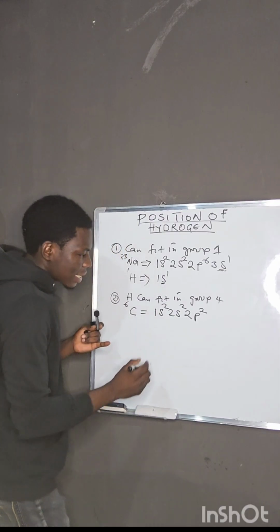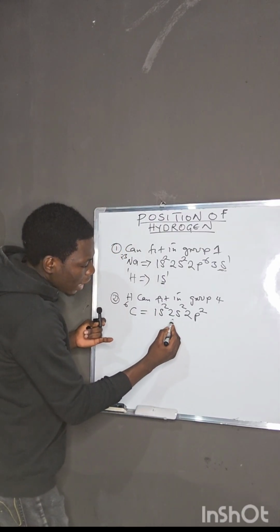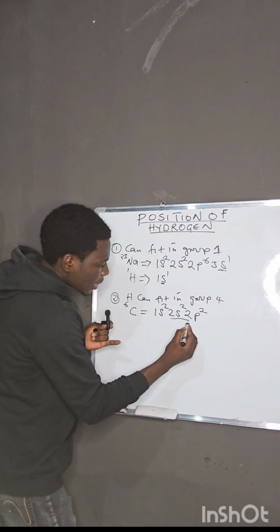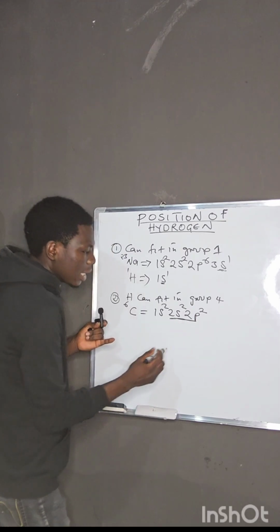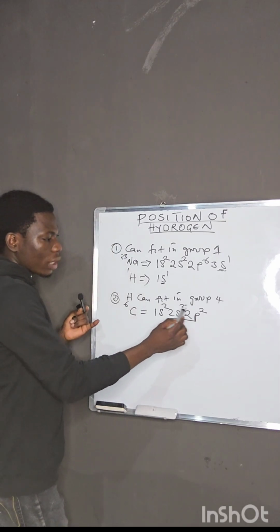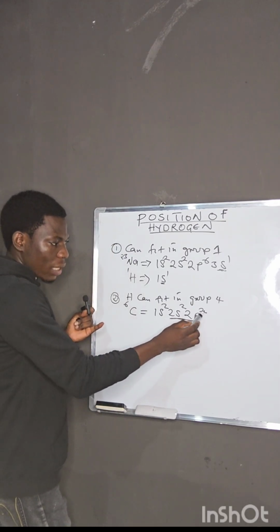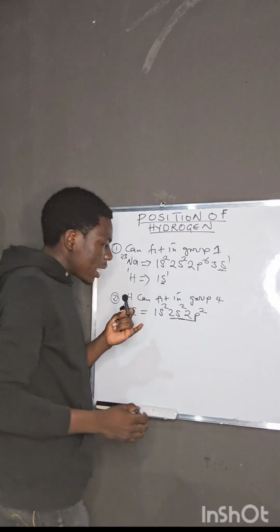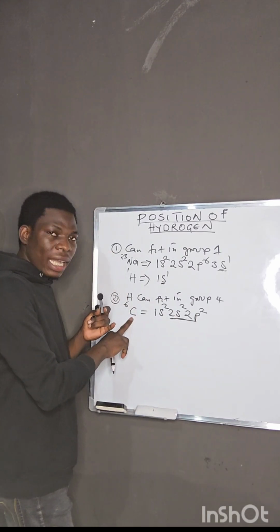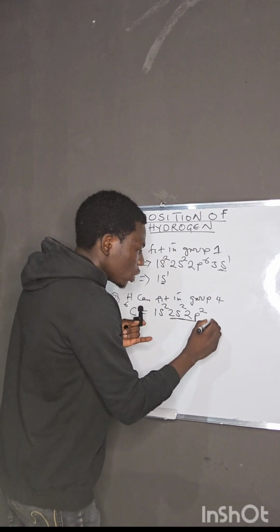You are going to realize that the last shell has 2 plus 2, which is 4 electrons. How many does carbon need to become stable? It needs 4, which is half of 8.